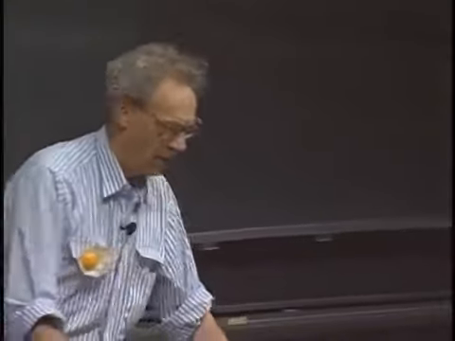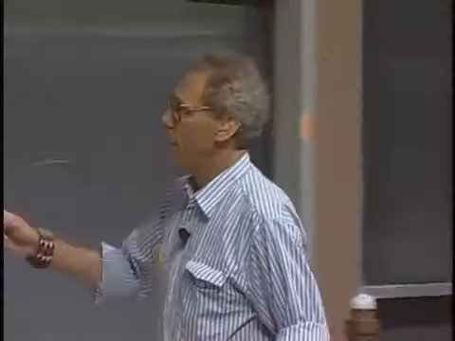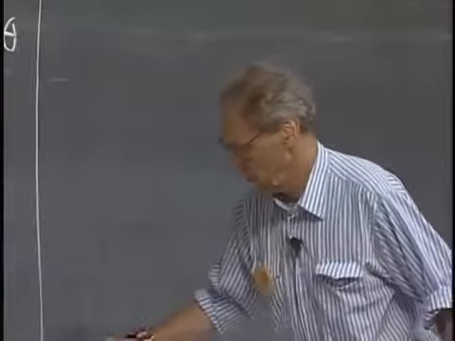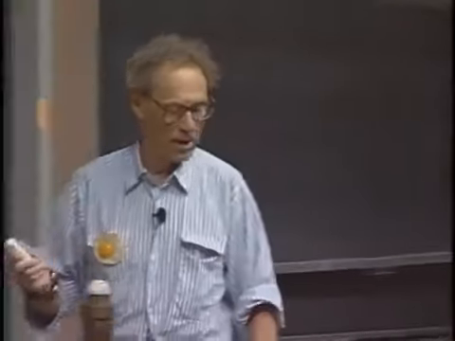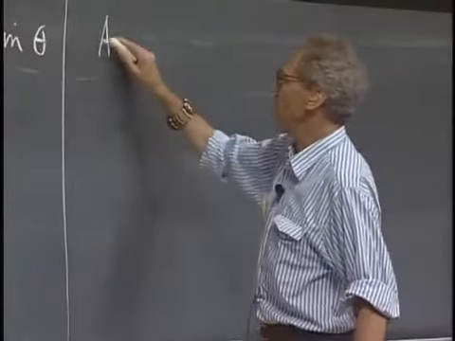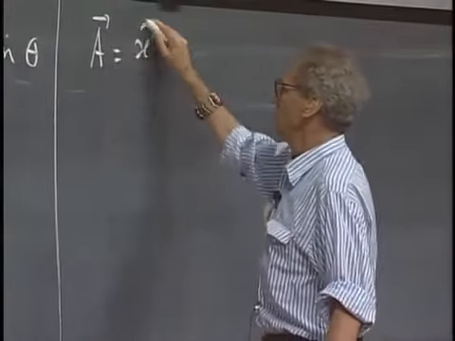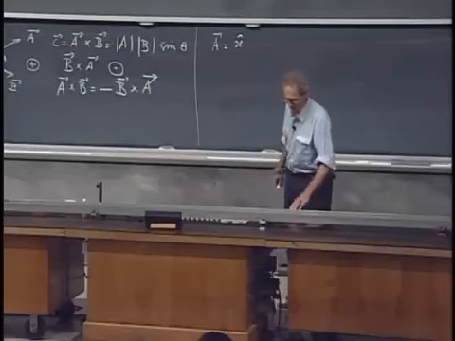Let's take an extremely simple example. Again, I don't mean to insult you with such a simple example, but you will get chances, more advanced chances, on your assignment. Suppose the vector A is x roof. It's a unit vector in the x direction.